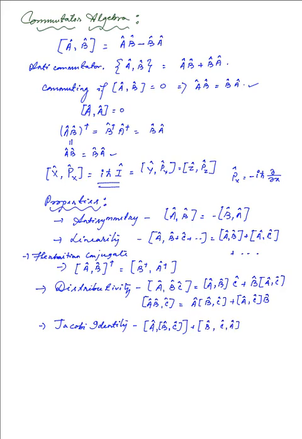You must take care of the order in that case. As you may notice, it is cyclic and we are taking the sum over here. Then we take the commutator of C with the commutator of AB, and all that adds up to 0. So this is the Jacobi identity.